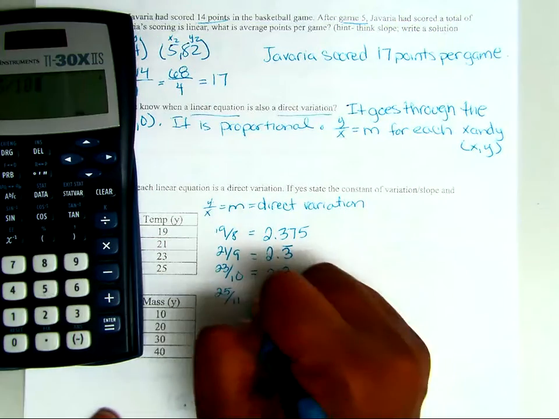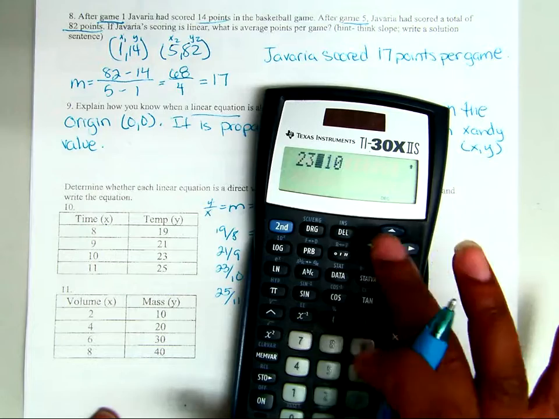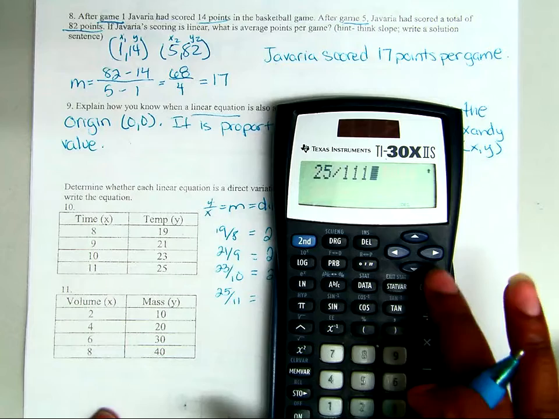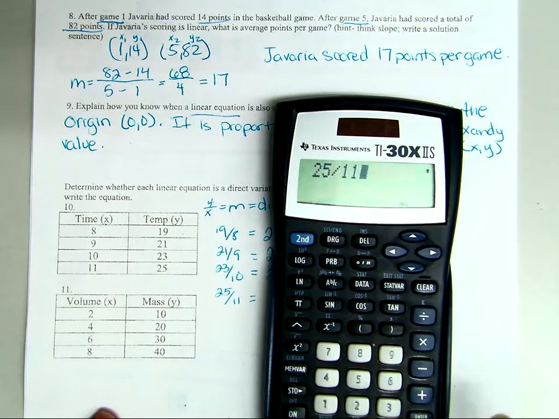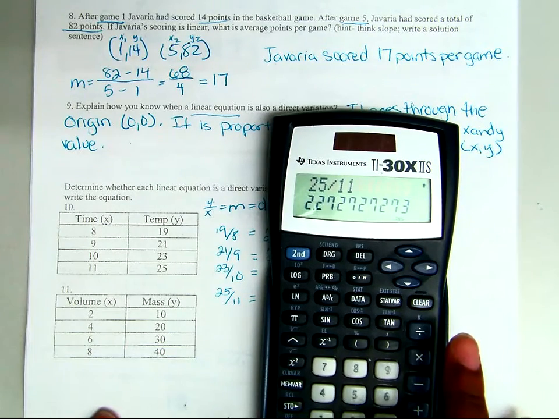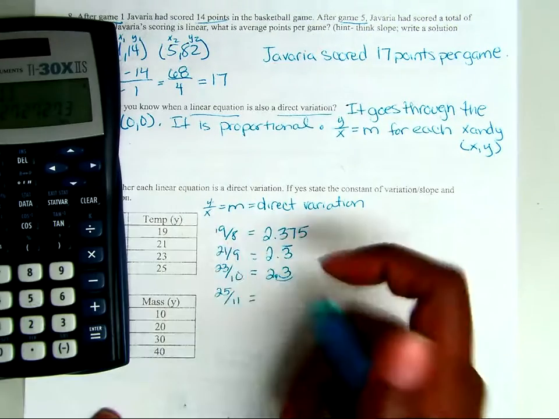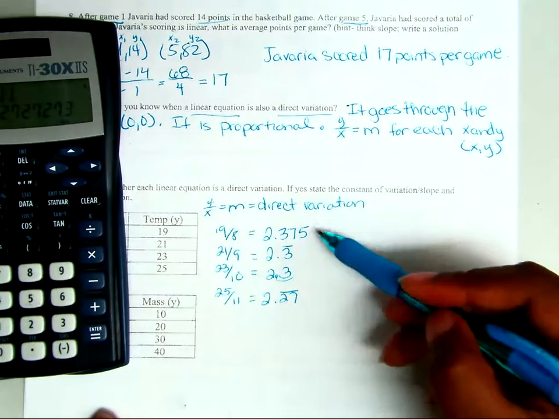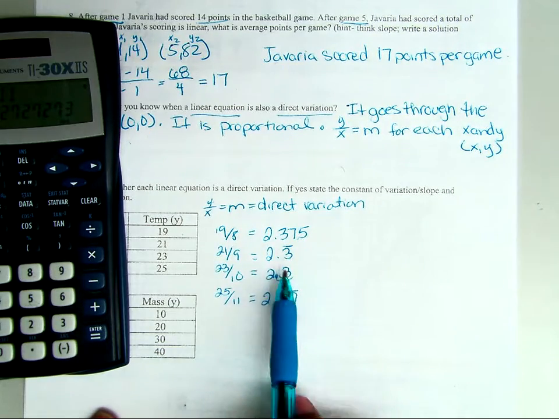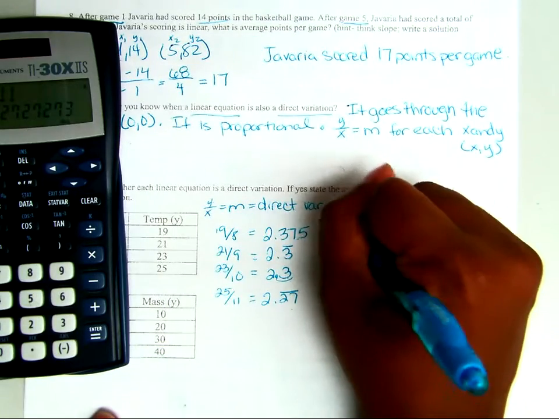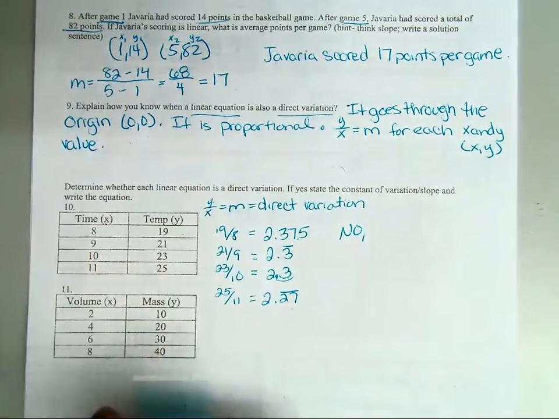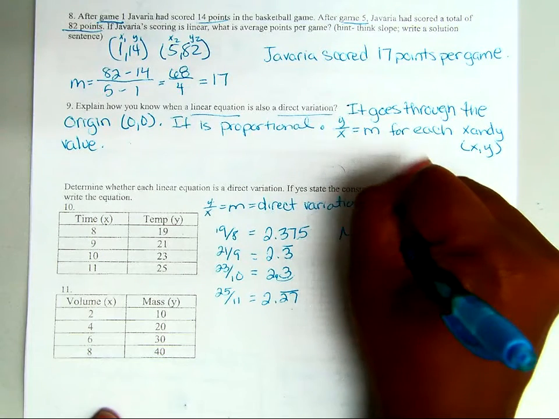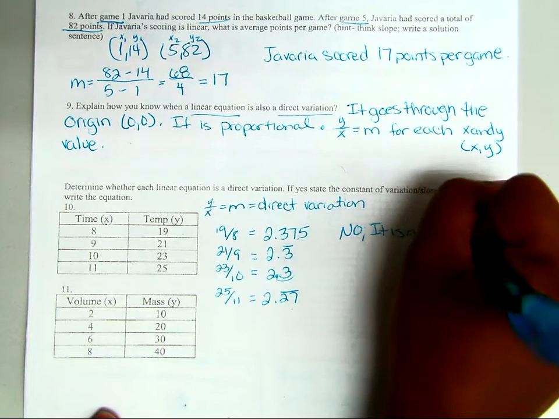And 25 divided by 11 is 2.27272. It looks like it's repeating. 2.27 repeating. Are these all the same? Did I get the same thing each time? No. It is not a direct variation.